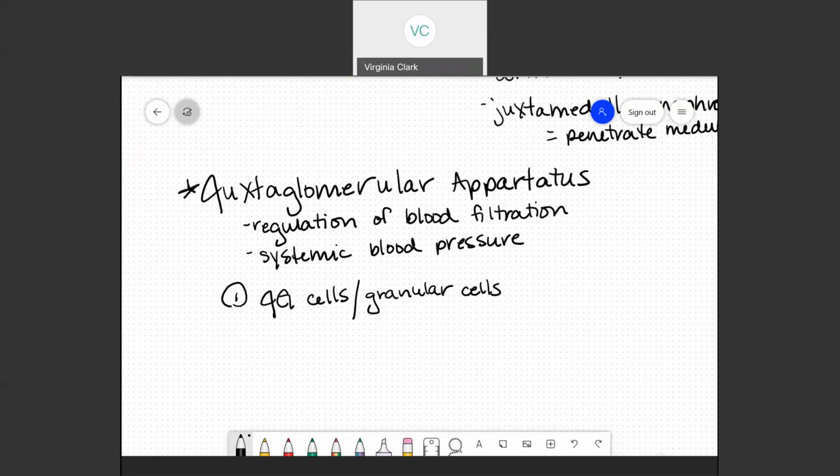These are going to be blood pressure sensors, and they are going to be found in the afferent arteriole. So a blood pressure sensor in the afferent arteriole.